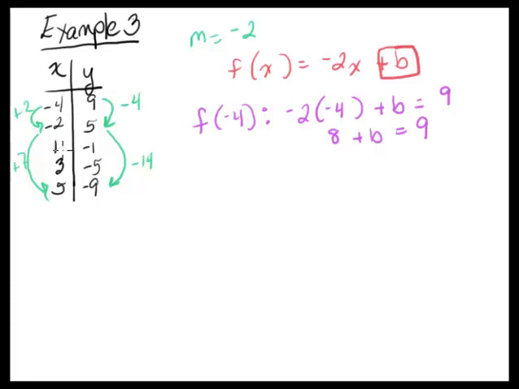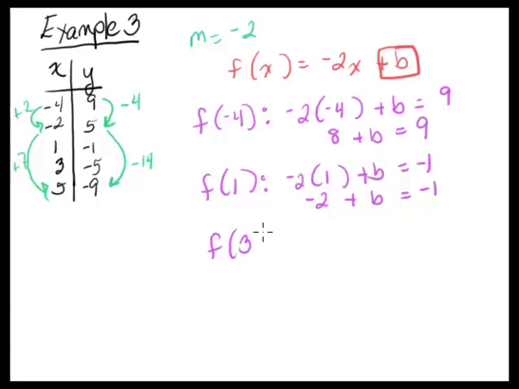Let's skip down to 1, and you could do it for all of them. Negative 2 times 1, plus b equals negative 1. Negative 2 times 1 is negative 2. Negative 2 plus b. How do you go from negative 2 to negative 1? And let's use the 3 here.